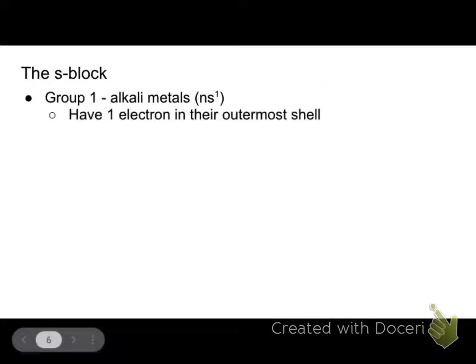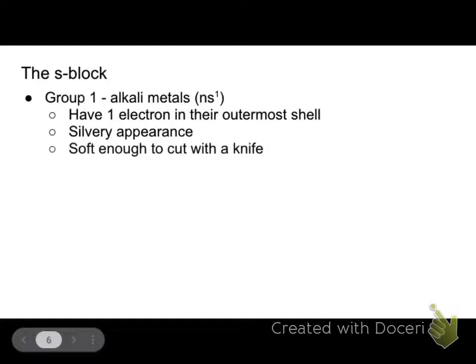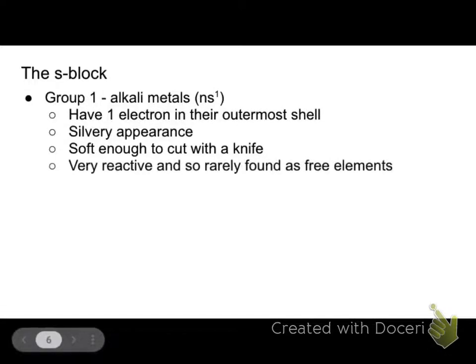They have one electron in their outermost shell. They are silvery in appearance. They are metals, but they are soft enough to cut with a butter knife. So if you are thinking about a metal as something that is very hard, not the case here. They are incredibly reactive.